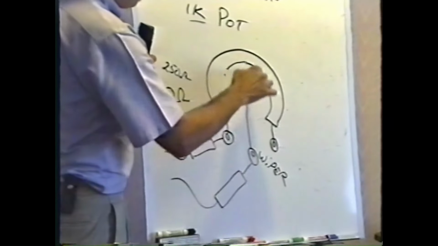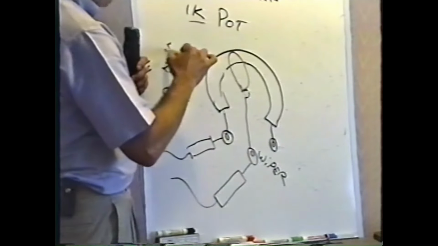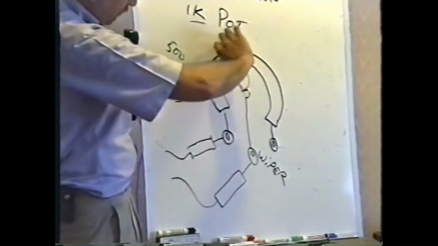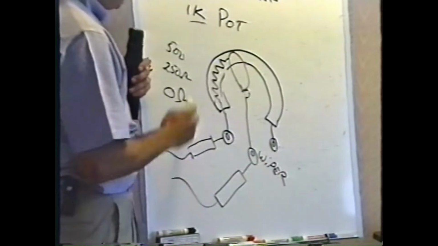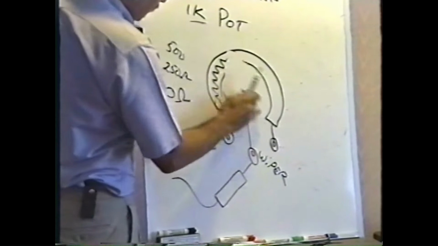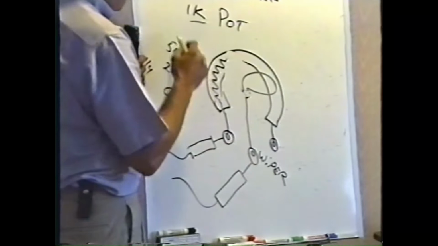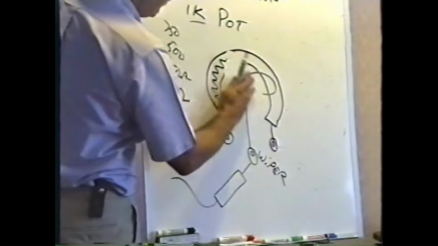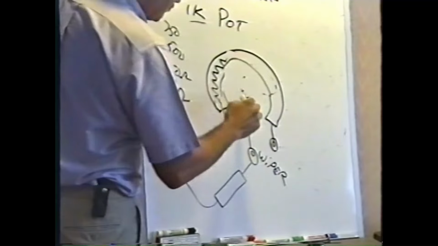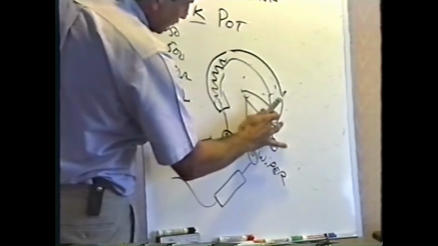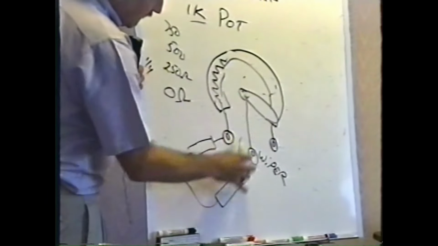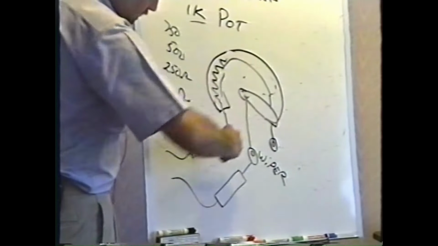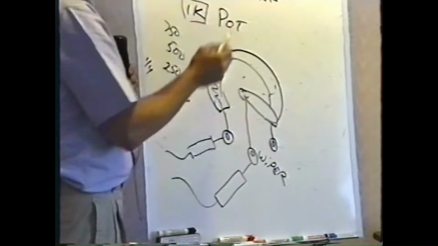Rotate it halfway up, obviously 500 ohms, because now we have to go through half of the resistance here, half of the value of the resistor. If I turn the wiper a little further, 3/4 of the way, 750 ohms obviously. And if the wiper's all the way at the far edge like this, well, now the electric current has to flow through the entire resistance element before coming back out, and we'd have the full scale value of 1K.